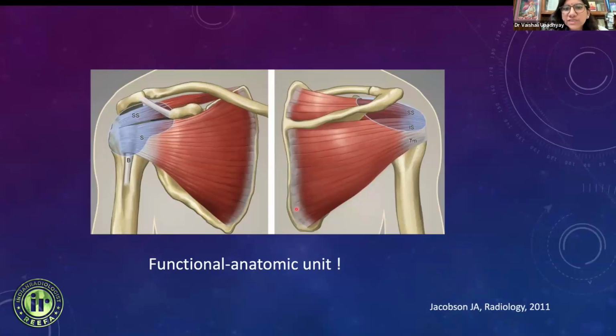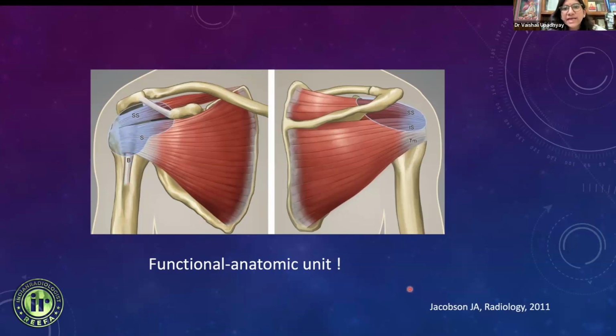And then we have the teres minor, arising from the dorsolateral border of the scapula and inserting onto the inferior facet of the greater tuberosity. From the ventral aspect, we have the subscapularis, which is a large multipennate muscle, and this attaches to the lesser tuberosity. Fibers of this also help in the formation of the transverse humeral ligament, which stabilizes the biceps tendon in the bicipital groove.